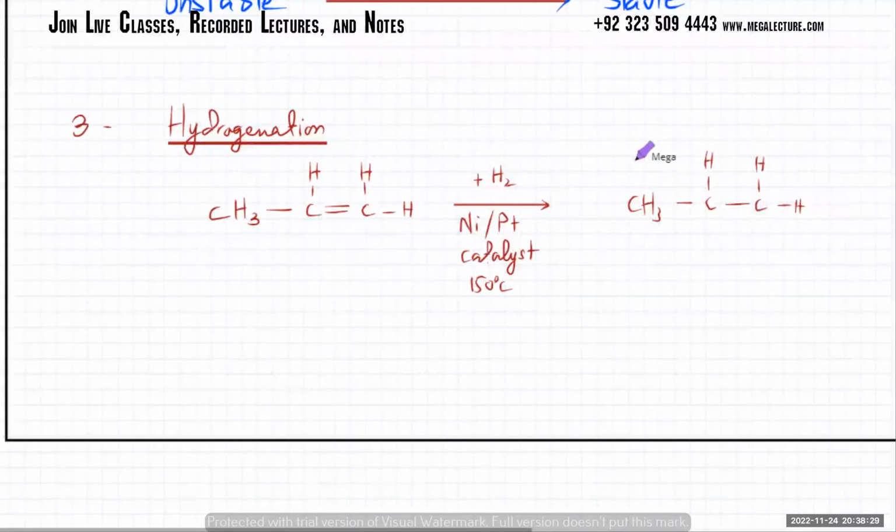So what you'll get is H and H on both sides. ठीक है, so unsaturated became saturated.